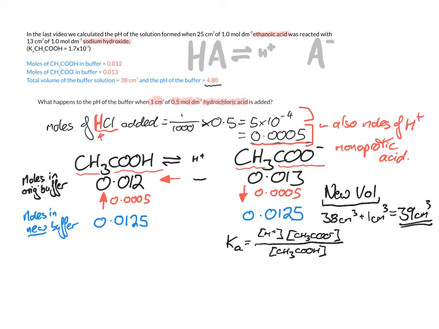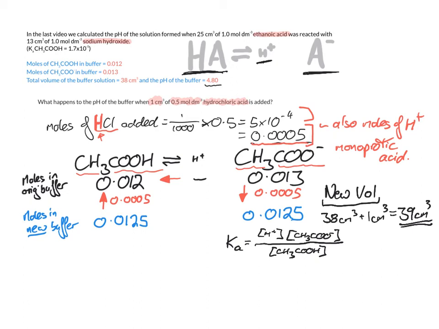Right, we can't make any assumptions about H plus concentration equaling A minus concentration, because we are not dealing with a weak acid, we're dealing with a buffer. H plus up here is way smaller than the HA or the A minus concentration. So what we do need is our concentrations.